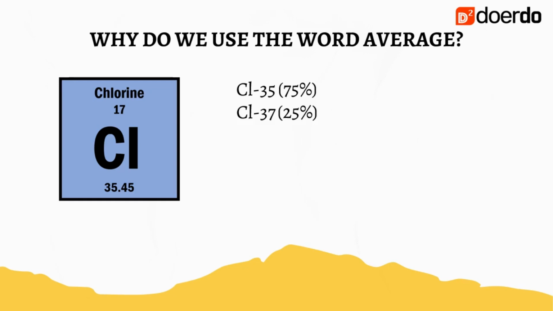By using these relative abundances, which are the percentages, and the mass number of the isotopes itself, we can find the average Ar, or average relative atomic mass for the chlorine atom, using the formula below. 25% times 37 plus 75% times 35 gives you an average relative atomic mass of 35.5.